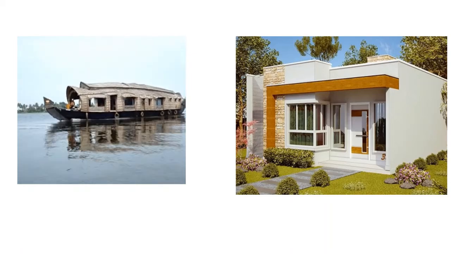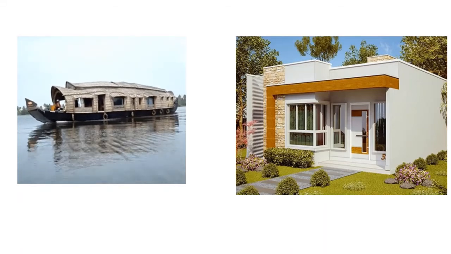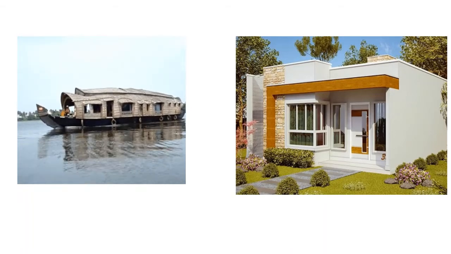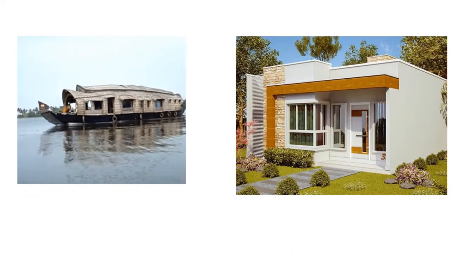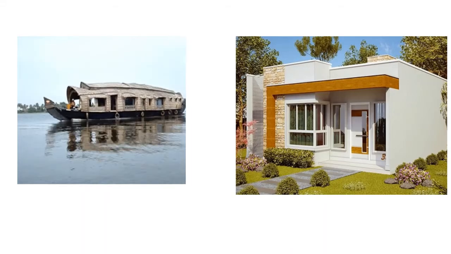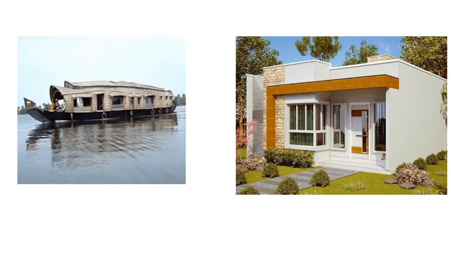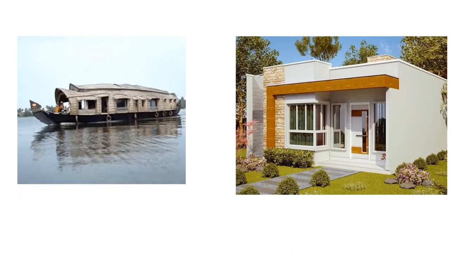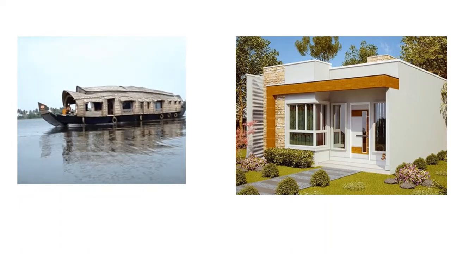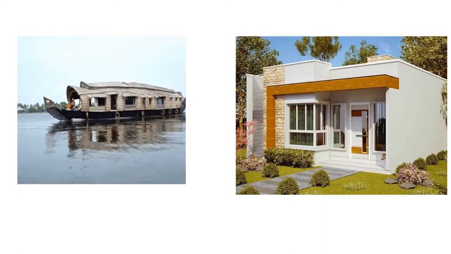Okay, but only materials, children? No other differences? Observe carefully. Yes, you're right. The house in the first picture can move from one place to another, right? Yes, very good. And it is not fixed to one place, whereas the other house cannot move and it is fixed to one place. Yes, very good.